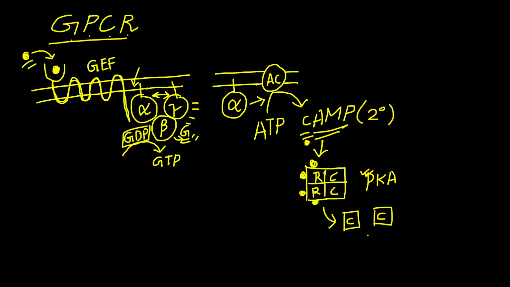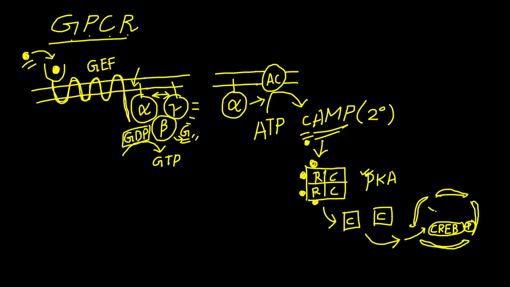Okay, this protein kinase or catalytic subunit enters the nucleus. I am drawing a nucleus. Okay, as you know, the nucleus is a double membrane bound structure. So it enters the nucleus and it phosphorylates a transcription factor which is CREB. Okay, so CREB gets phosphorylated.